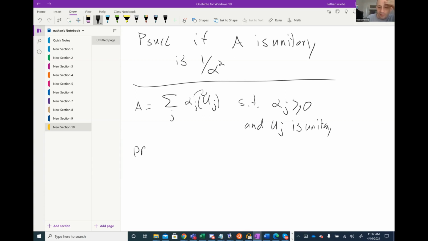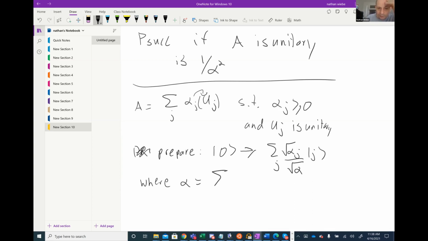Well, this process contains two operations, which are often called prepare. And what prepare does is it will take an initial state, 0, and map this to a state, sum over j, square root alpha sub j, divided by square root alpha, and yes, that's no coincidence, it's called alpha, where alpha is just equal to sum over j alpha sub j.